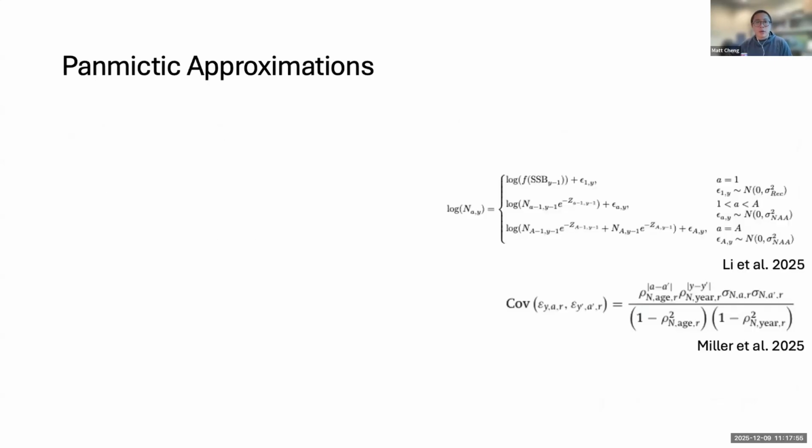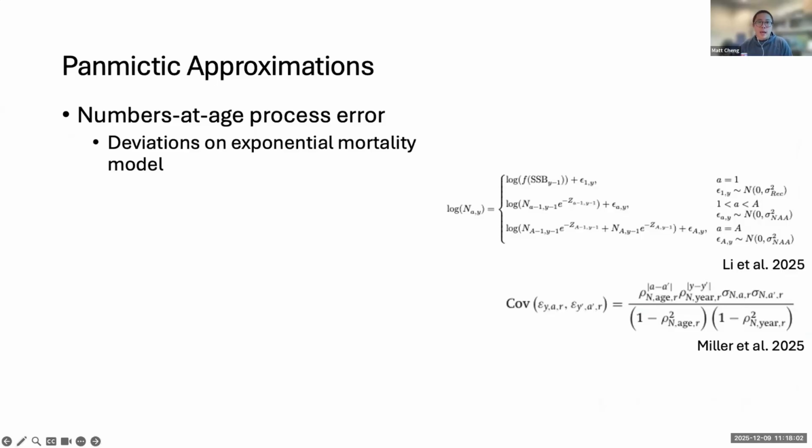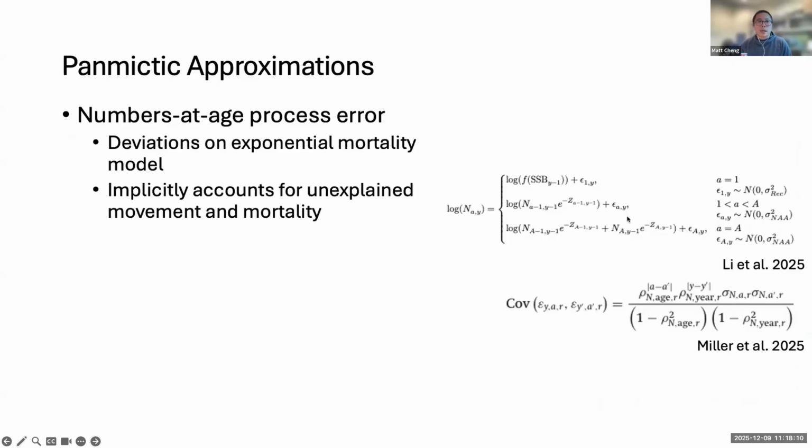The other newer approach here is numbers at age process error, where essentially we have an exponential mortality model, and then we have process error from the exponential mortality model. And so here it implicitly accounts for unexplained movement dynamics, but also critically unexplained mortality processes as well.